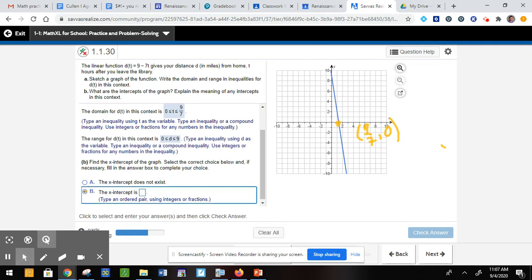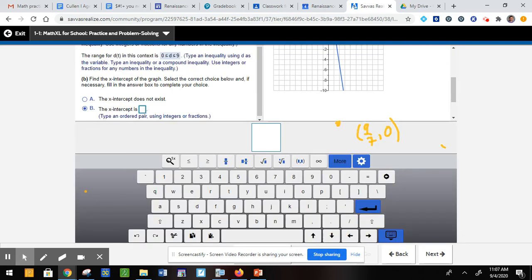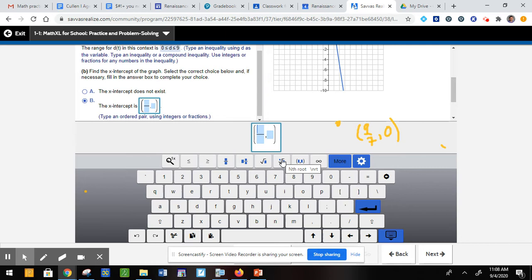So we're going to enter it in. Notice how the directions say to enter this one as an ordered pair. And then we're going to use fractions as well. So an ordered pair, the first term is a fraction, so it'll be 9/7. And then 0 would be the next term.